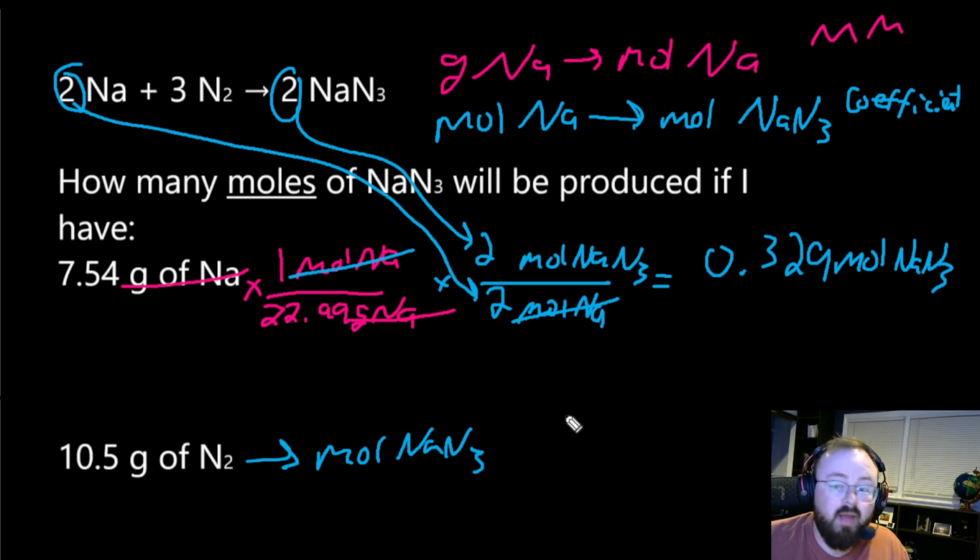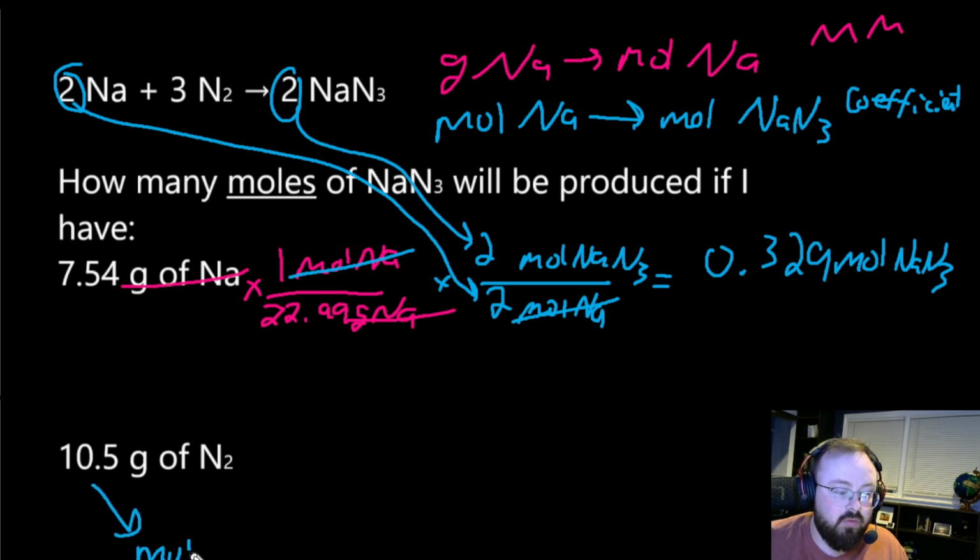There's no molar mass ratio. Molar mass has to be with the same compound. So instead, I have to go that roundabout way and go into moles of N2, and then I can go into moles of NaN3.